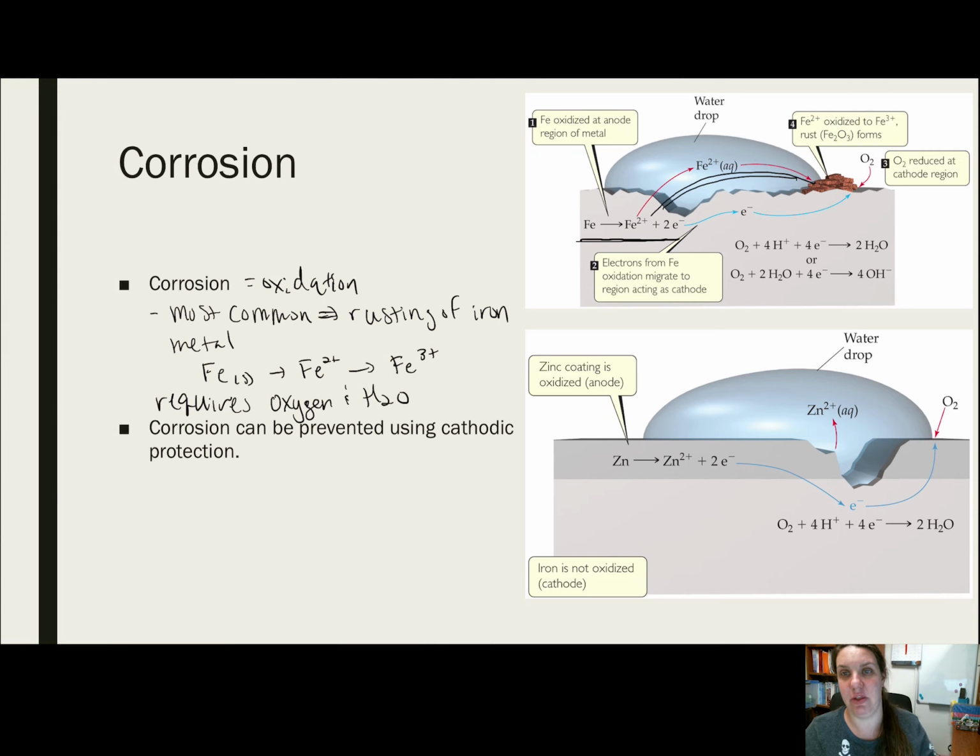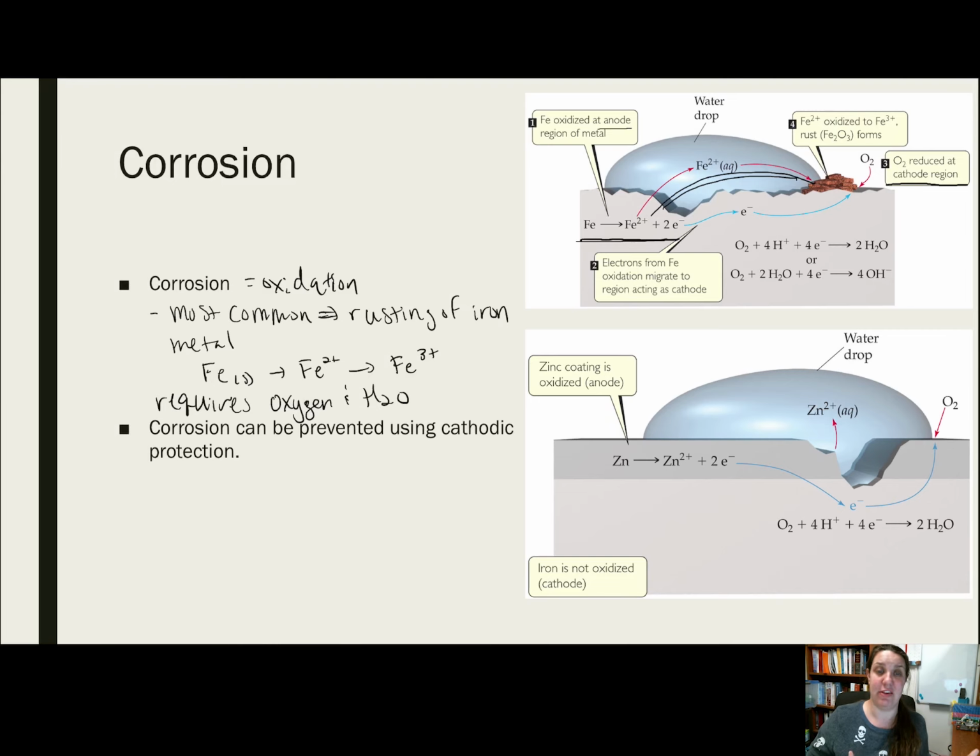Basically what happens is the iron acts as the anode, and the O2 is reduced, acting as the cathode. The problem is that the iron is being oxidized because it's acting as an anode.